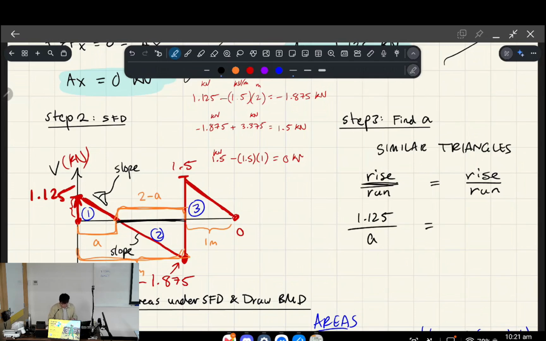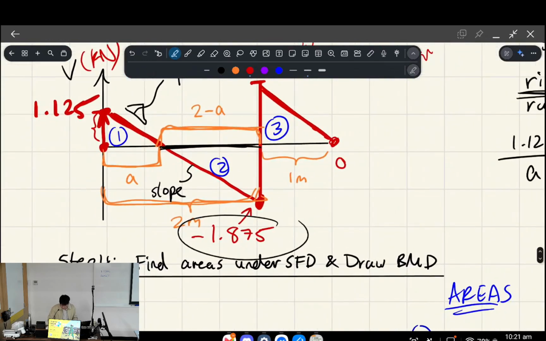And we can equate this to the second triangle, where the rise is 1.875. It's easier if you do this with just the magnitude of this height rather than the negative. So imagine a triangle that's like that, and then this height of the triangle is actually 1.875.